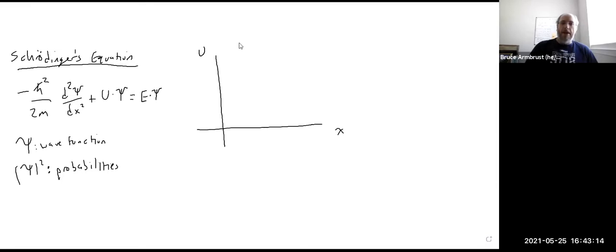What we're going to see now is a region of 0, and then some kind of barrier, and then back to 0.